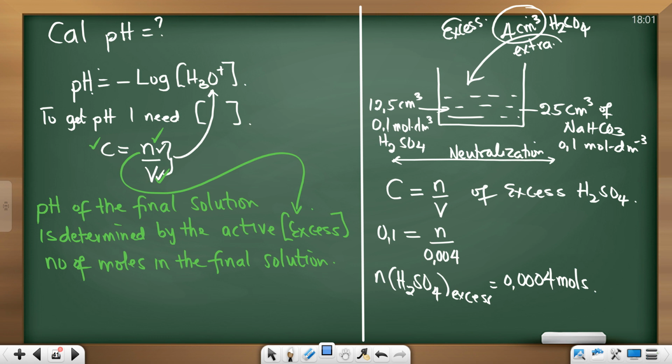Final solution. Guys, I started by pouring 25. Then I poured 12,5. Now I added 4. That's your final solution.